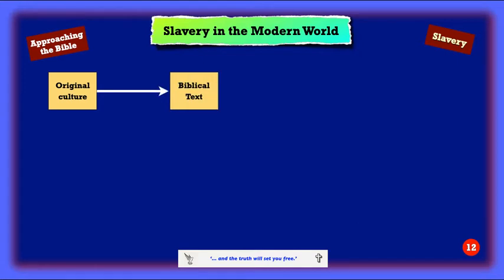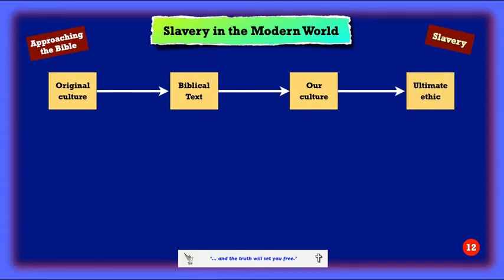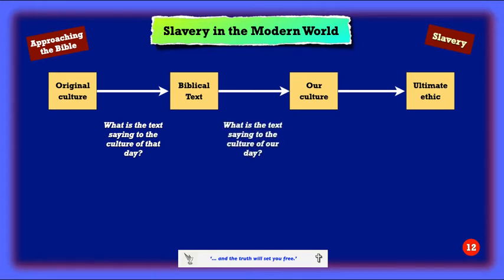The biblical text was written in the context of these cultures. Our culture is different. But there's an ultimate ethical principle that the biblical text points to that applies in every and any culture. So we ask, what's the text saying to the culture of the biblical era? And then what does it mean for today?